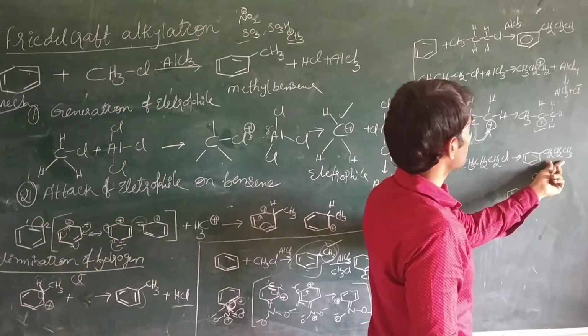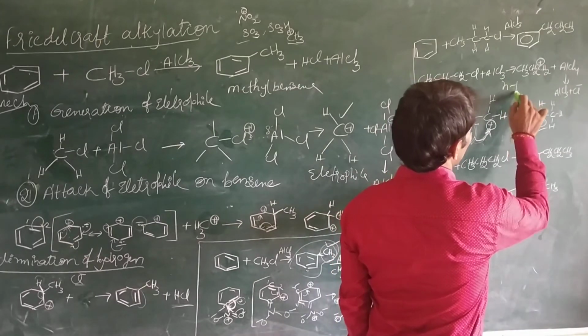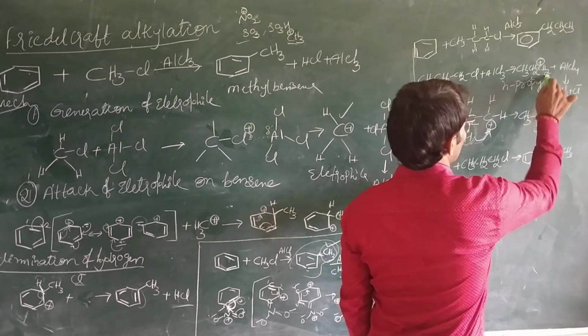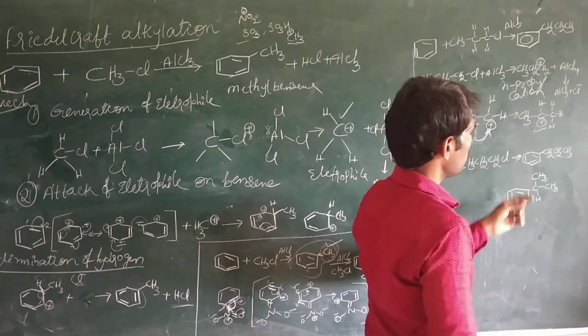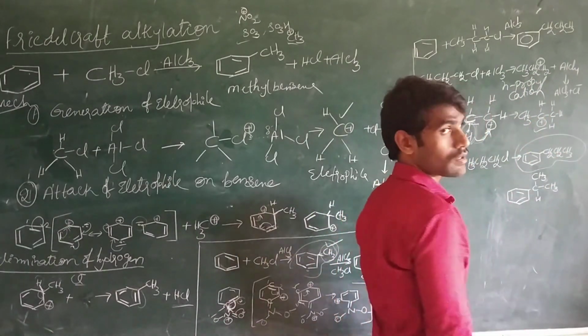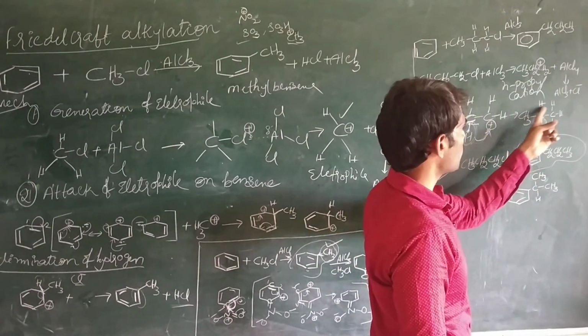One is the linear N-propyl cation. If the N-propyl cation attacks the benzene, we get this product. And this is the isopropyl cation.